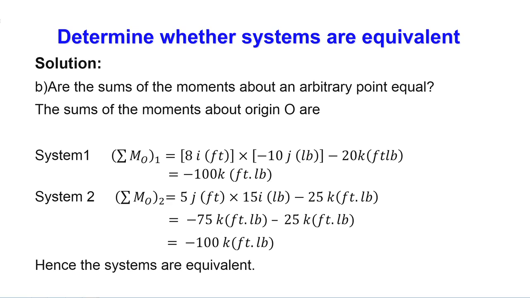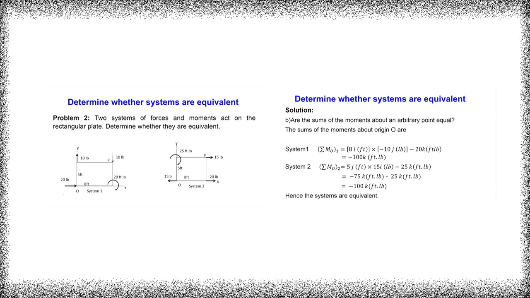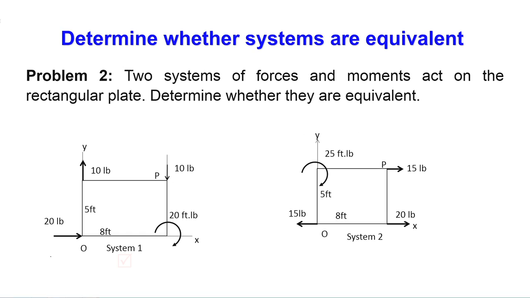Now, we will check the second condition, that is whether the moments about any arbitrary point are equal. So, the sum of the moments we take here about O. Again we go to the figure. Here O is the origin. In the first system, the 20 pound on the left-hand side and the 10 pound along the y direction pass through the origin O, that is why their moment is 0; they have no contribution in creating moment.